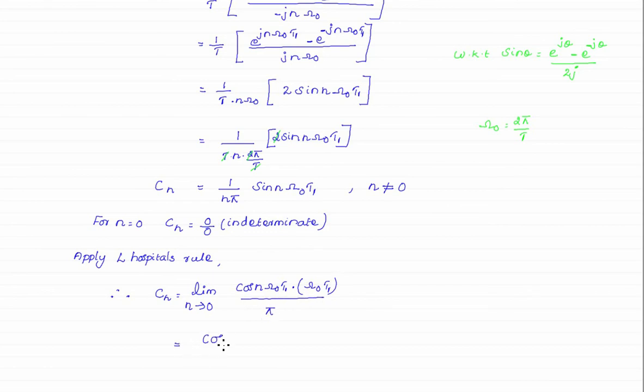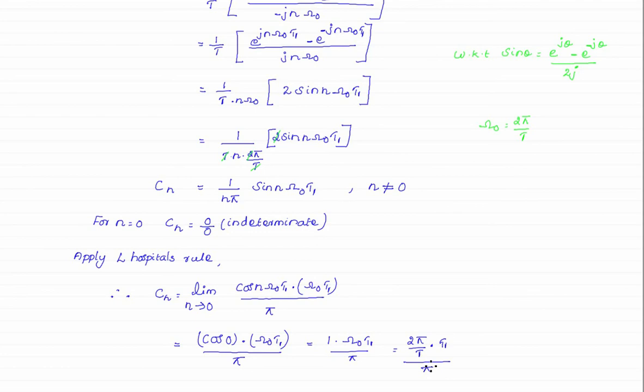Here we are going to apply the limit n equal to 0. So cos n omega naught t1 becomes cos 0. Cos 0 is equal to 1. So the numerator is omega naught t1 and the denominator is pi. We know that omega naught is equal to 2 pi by T. So 2 pi by T into t1 divided by pi.